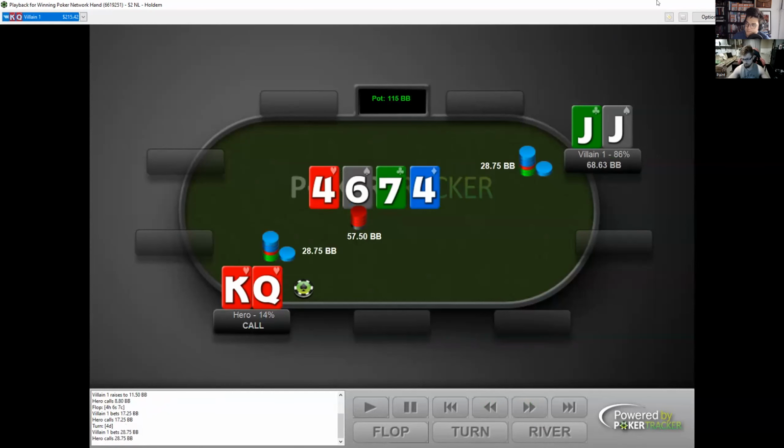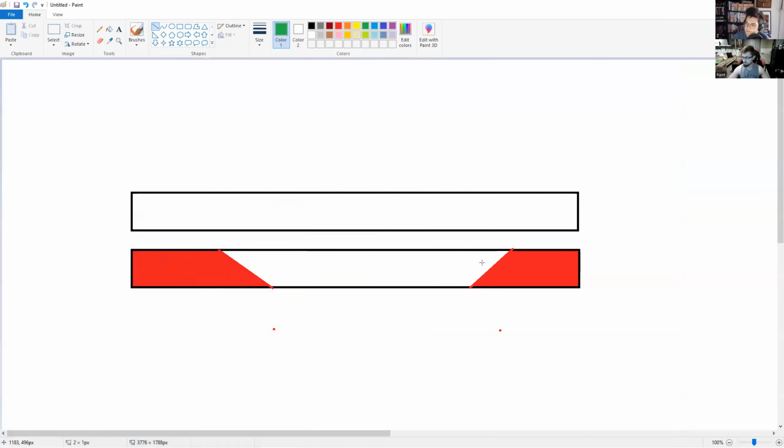Once you get to this particular situation, you've got a good chunk of your range missing. You're already missing a bunch of these hands here, so the stuff's already disappeared.